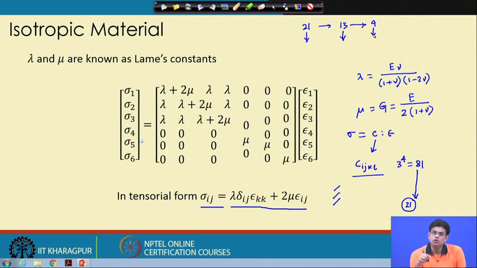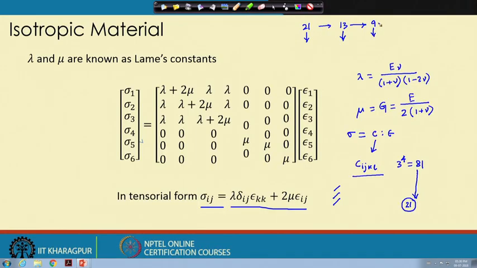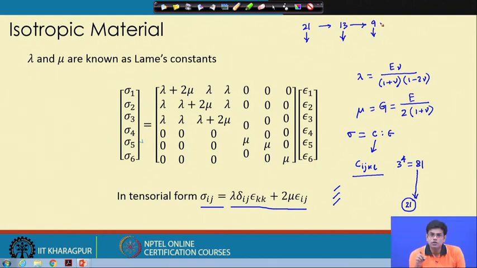Then from the orthotropic material, with 3 planes of symmetry about 3 mutually perpendicular axes, additionally we assume that there is an axial symmetry and a plane of isotropy normal to that axis.